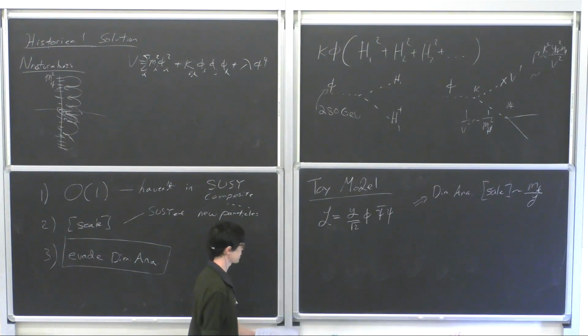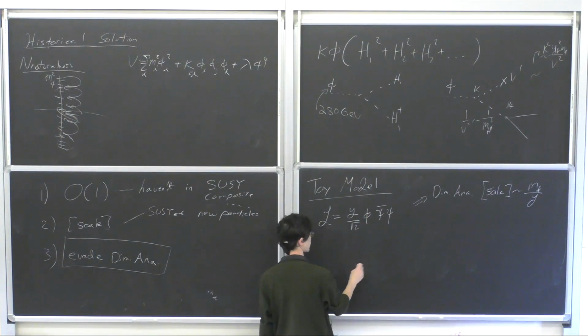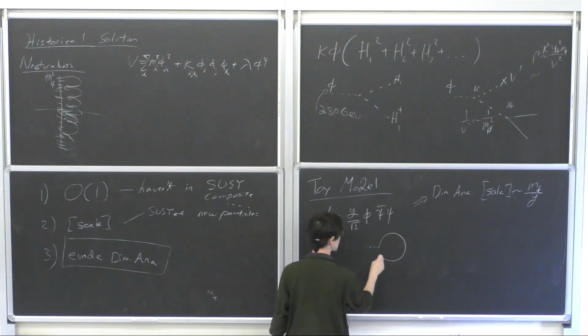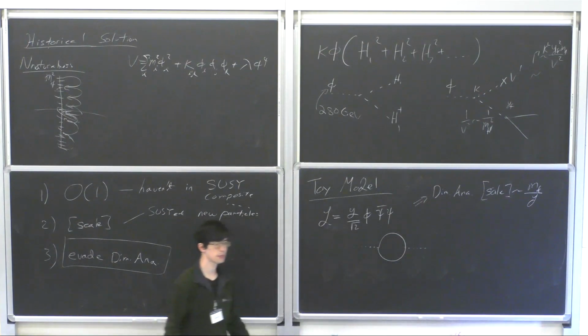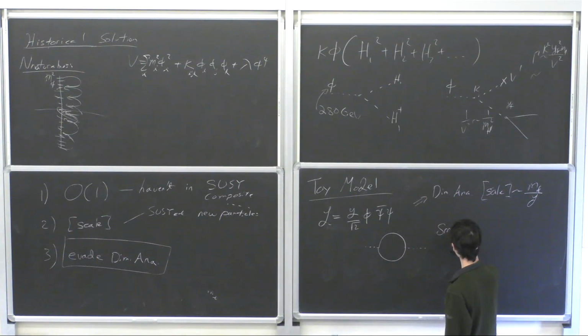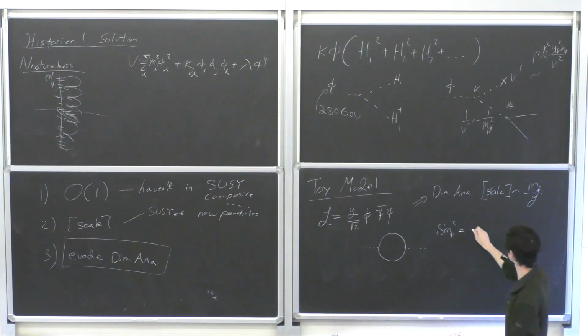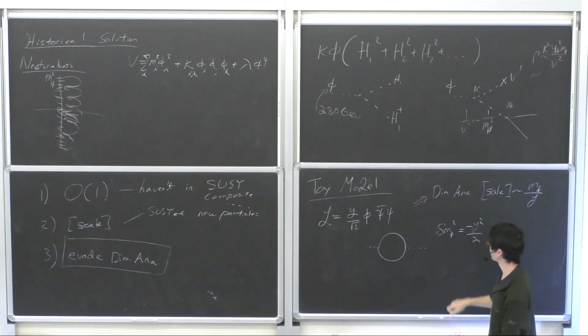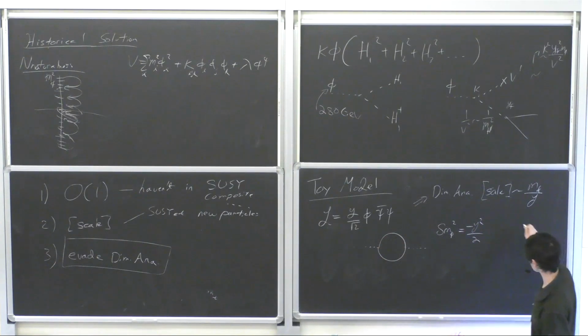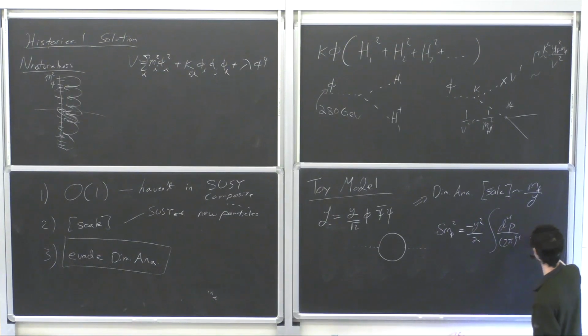So the standard guess people like to do is then just say, let's calculate a loop correction to this theory. This is a loop correction to the mass of phi. And it is minus y squared over 2, from the fermion loop, I put a y over square root of 2 there. Integral d4p over 2 pi to the 4th.